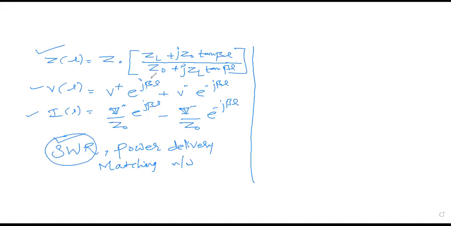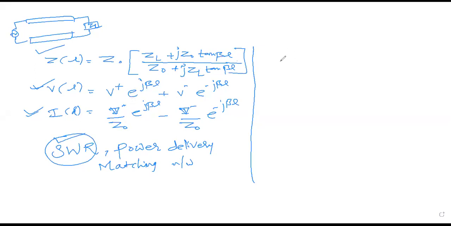Before that, we have V of L and I of L. This voltage and current are varying along the line. If we have a transmission line with a load ZL, the voltage and currents are varying, and why they vary we have already seen.